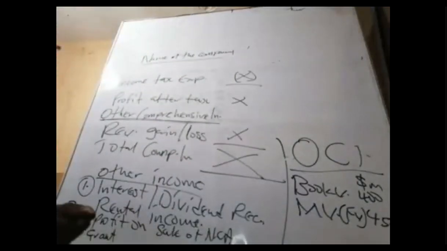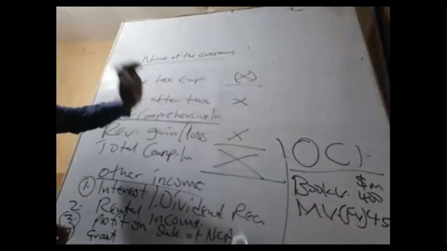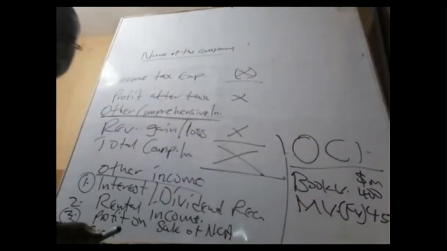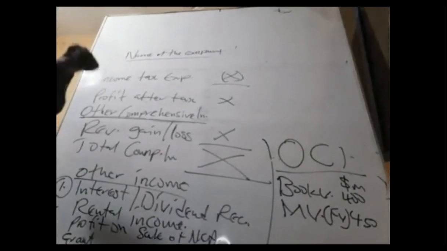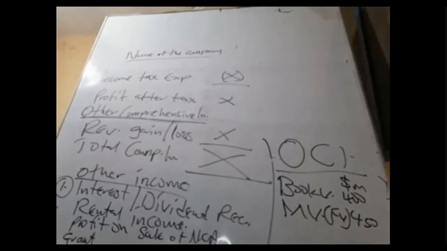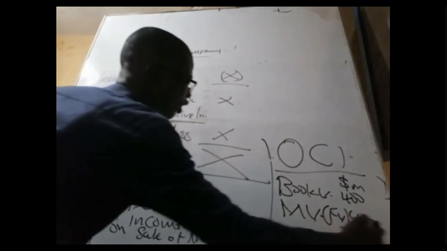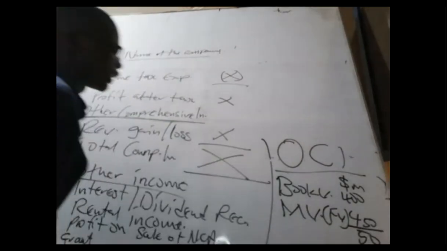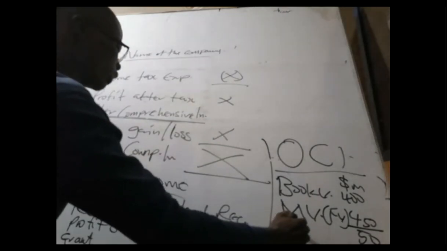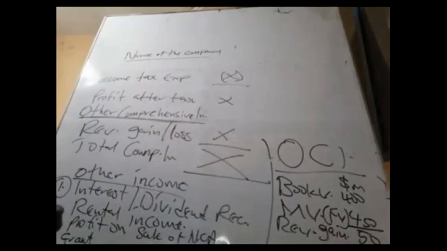It means that in your books, the asset value is $400 million, but on the market, you can sell this asset for 450. So if you should sell the asset today, you are going to make a gain of $50 million. This is called revaluation gain.